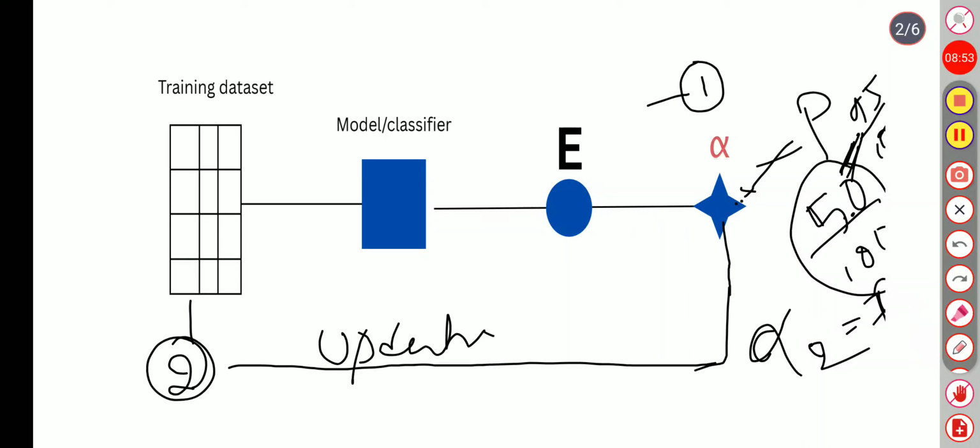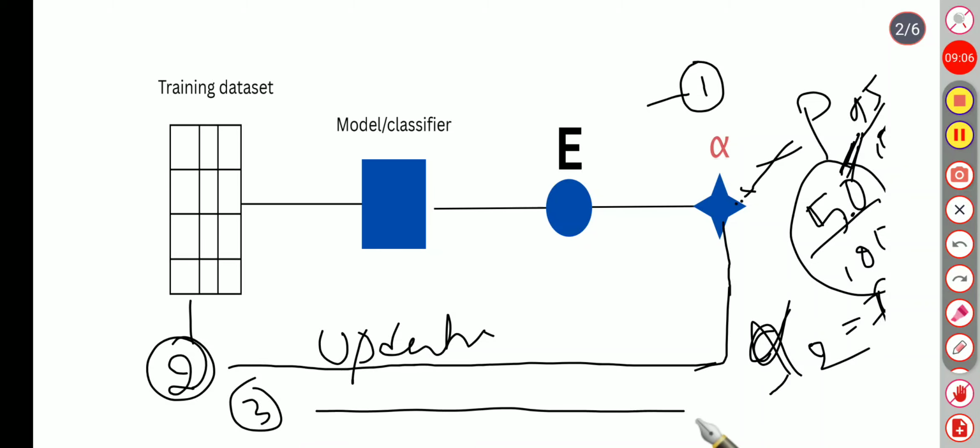Okay, due to some tuning, it has increased to 70%, but still I want 95. Take this alpha 2 into the third iteration. The third iteration will give that result, 95, what you expected.